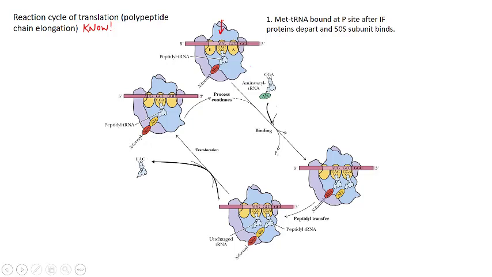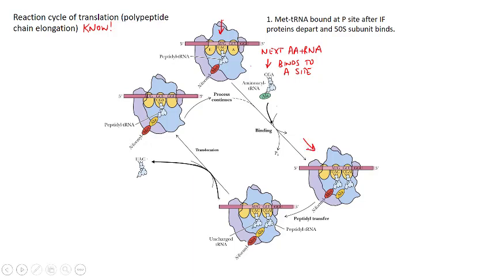And we've got empty A and E sites. So what's going to happen next? We have the aminoacyl tRNA for the next amino acid, and what it's going to do is bind to the A site. Remember, A for access.